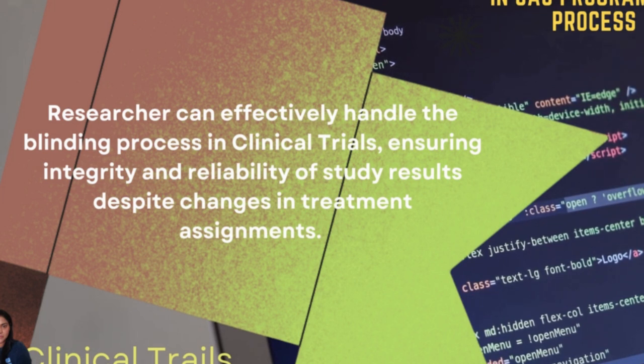Update the domain variables and metadata to reflect the modification in treatment assignment, and ensure consistency across the datasets. In SAS programming, through these steps during implementation, researchers can effectively handle the blinding process in clinical trials, ensuring integrity and reliability of the study results despite changes in treatment assignment.